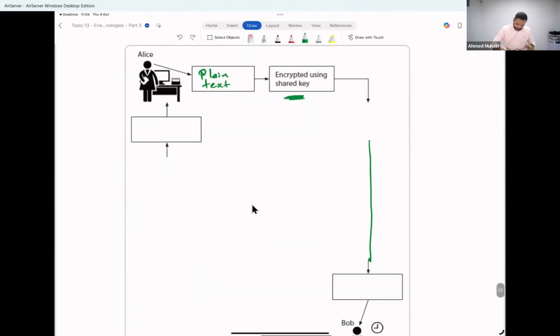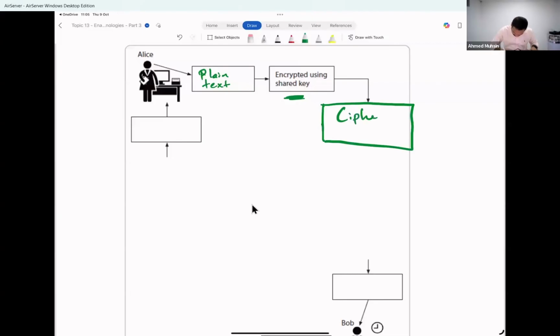One second. So what did we say over here? We said encrypted using shared key. So now you have ciphertext over here, and that comes all the way over here. Decrypted using shared key. So should be plain text.